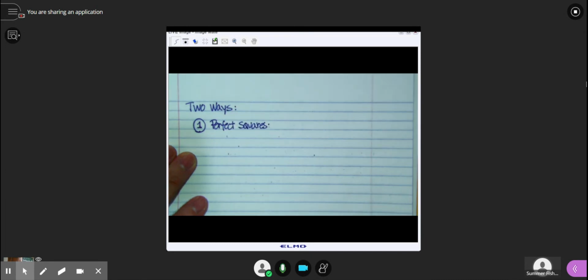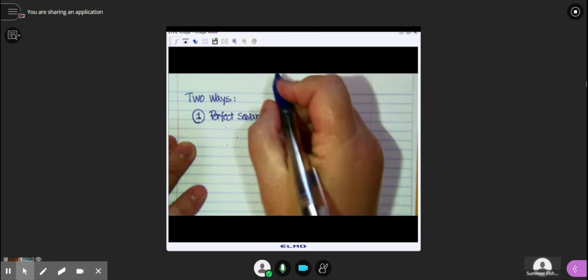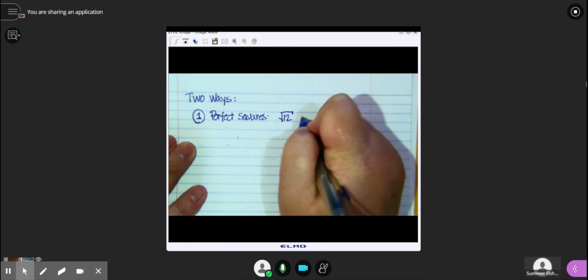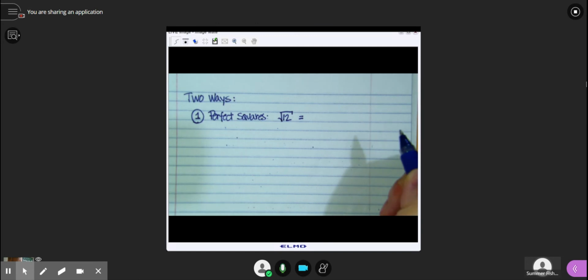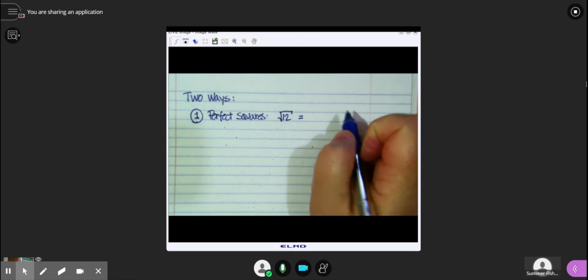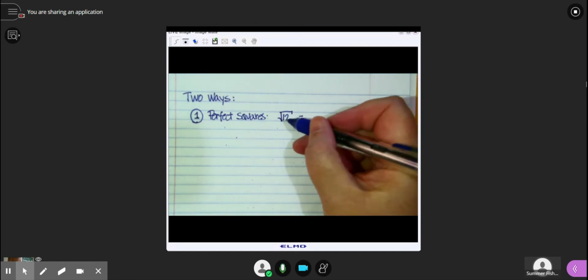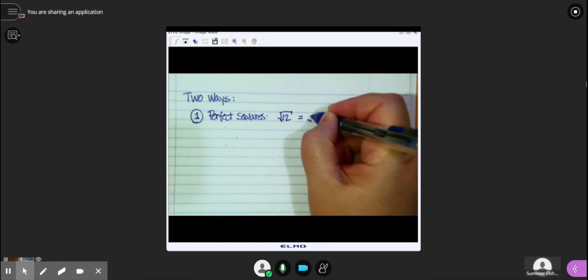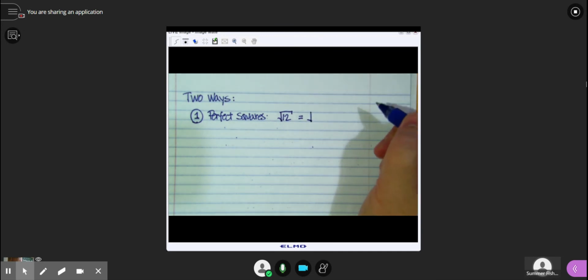The first way uses your perfect squares, and it says that the square root of 12 would have to be equal to... what's the largest perfect square that goes into 12? Is 3 a perfect square?